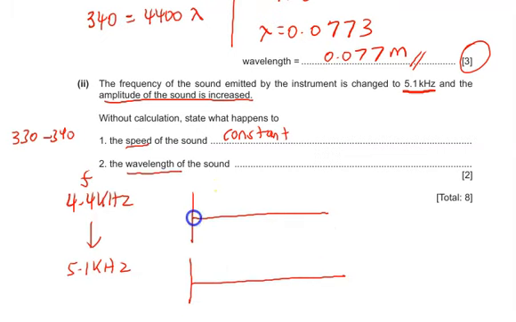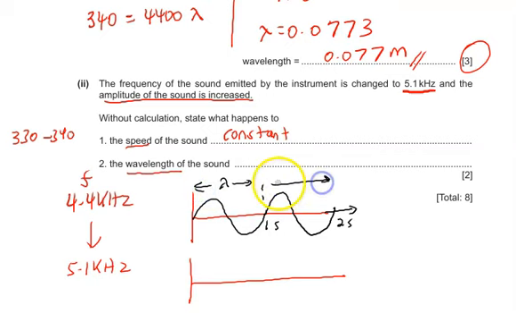Let us assume that this is about 1 second and here's about 2 seconds. So this is what we call lambda, 1 lambda. 1 lambda is the wavelength.